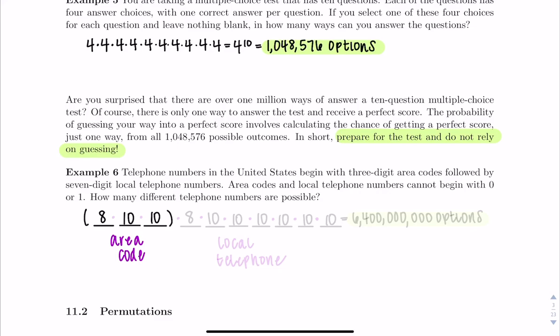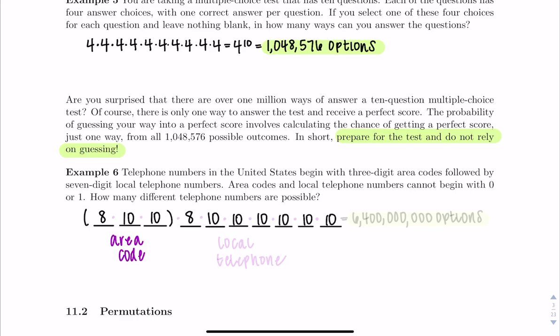Now we have a 7-digit local number. Again, the first digit cannot begin with a 0 or 1, so we have 8 choices, but the rest of these slots have all those numbers to choose from, so 10 choices.